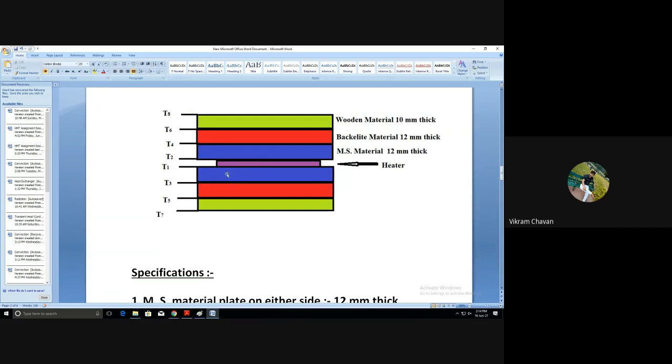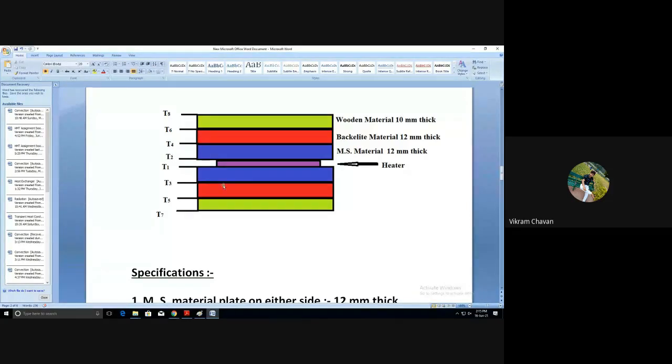Similarly, the T3 thermocouple is placed centrally after this EMS material plate, and in the upward direction, the T4 thermocouple is placed centrally after the EMS plate. So the resistance for heat to reach T3 and T4 will be the same.